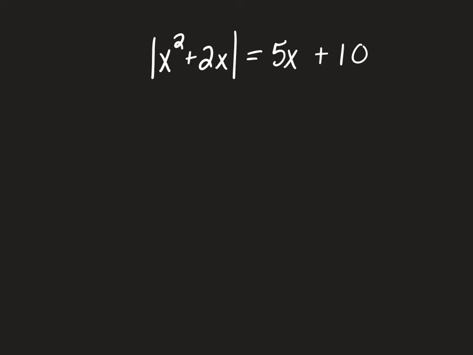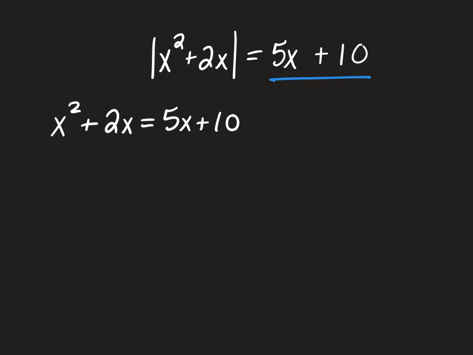So we're going to have the first one where we just drop the absolute value bars, and everything stays positive. But then for our other equation, we're going to take the right side and change all of the signs.